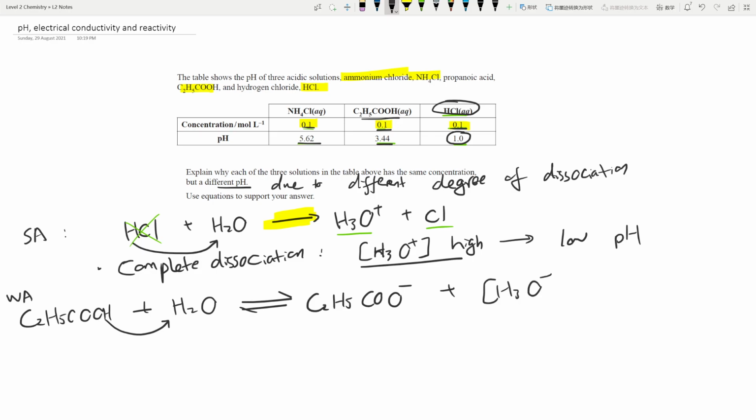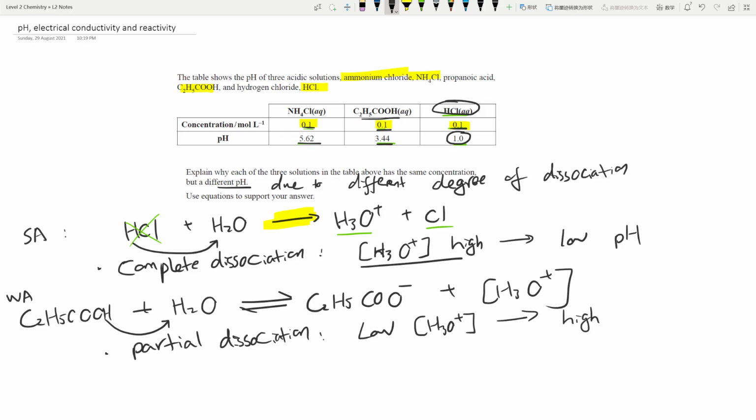This is only partial dissociation, only about 1 to 5% of the weak acid dissociates. So that means a low concentration of hydronium ion, and hence a relatively high pH compared to HCl.